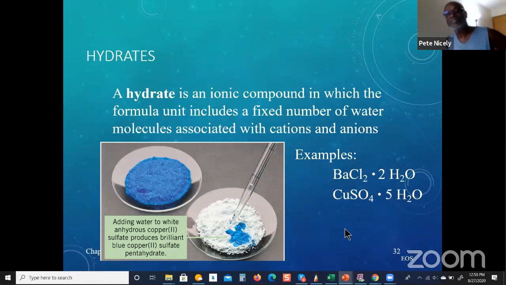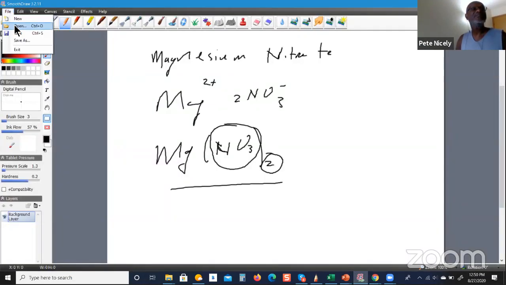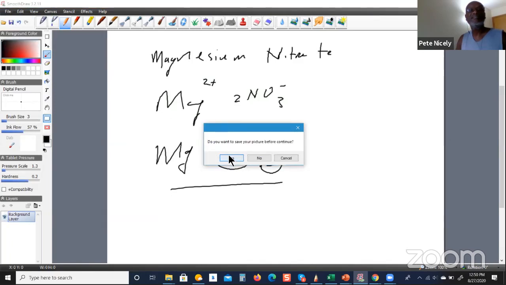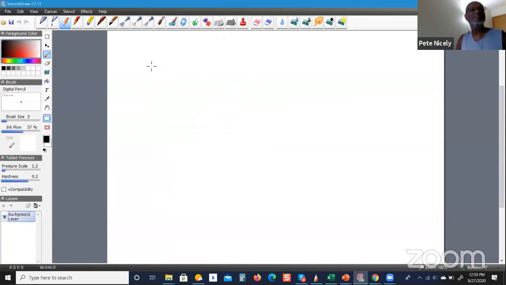So these are very interesting compounds. Let me go back to the barium chloride example: BaCl2 dot 2H2O. When it comes to naming these compounds, you name this part just like you would ordinarily, as we learned before.